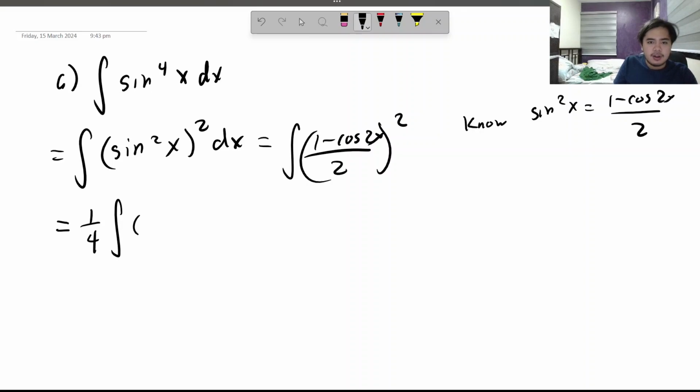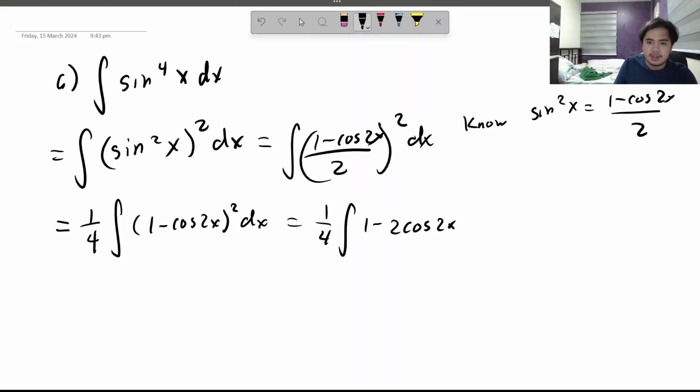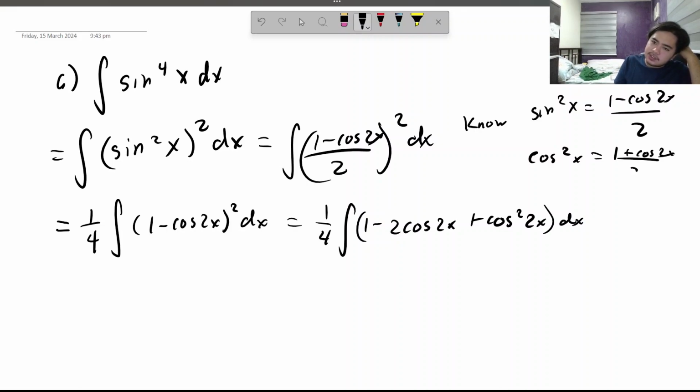Then the integral of 1 minus cosine 2x, all squared, dx. Forget the x here. 1/4, then the integral of 1 minus 2 cosine 2x plus cosine squared 2x dx. Another thing, cosine squared x is 1 plus cosine 2x over 2.